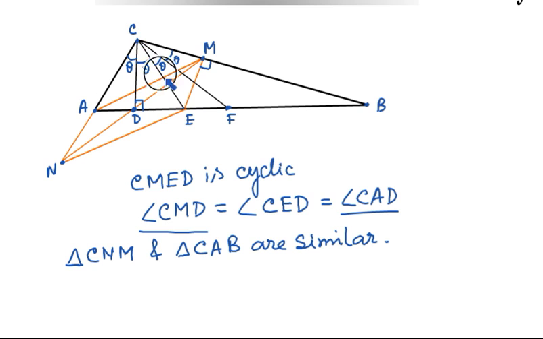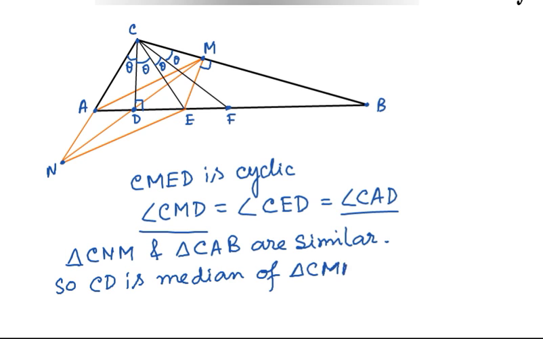Since CE is common between the two triangles, on the other side of CE at an angle theta we have CD. So we can claim that CD is a median of the triangle CMN due to similarity. CE is the common angle bisector, CF is the median of triangle CAB, so similarly CD must be the median of triangle CMN.